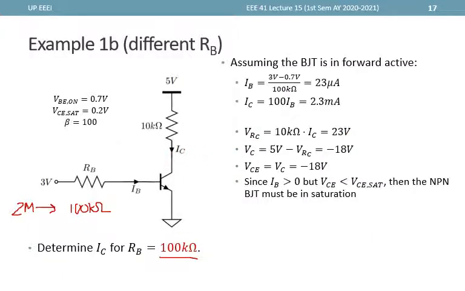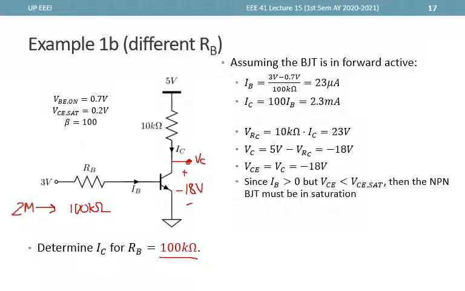VC, the voltage here, VC, with respect to ground, is 5 volts minus the drop here, which is VRC. So 5 minus 23 is negative 18. And since VC is equal to VCE, then this is negative 18 volts.